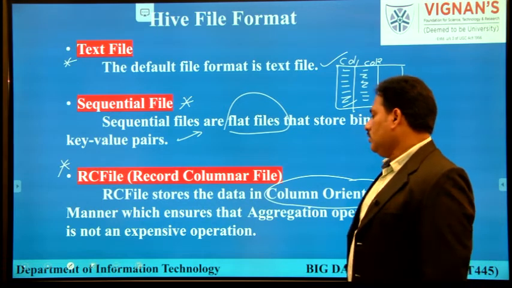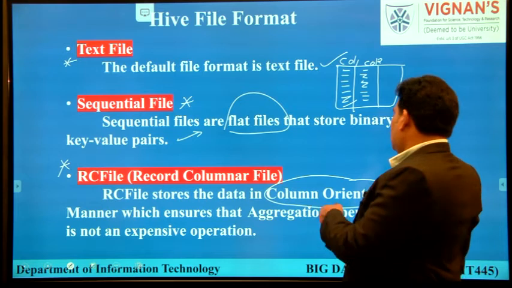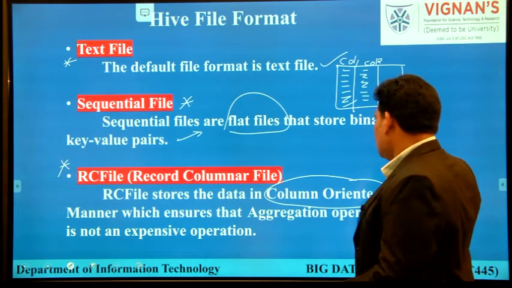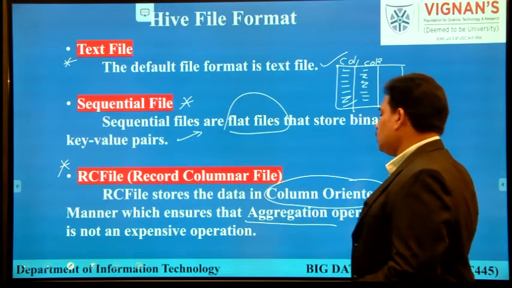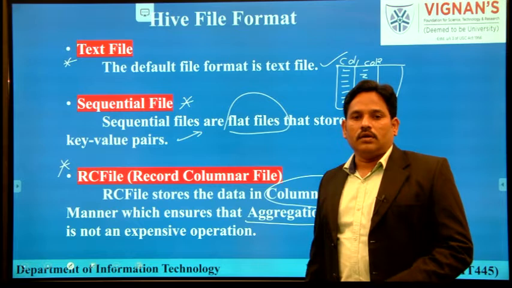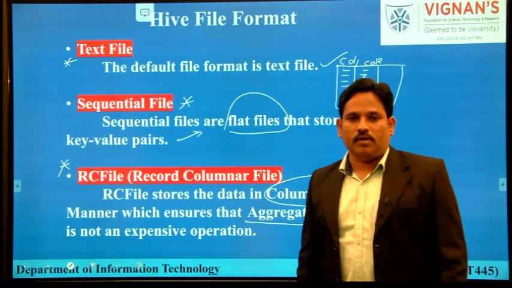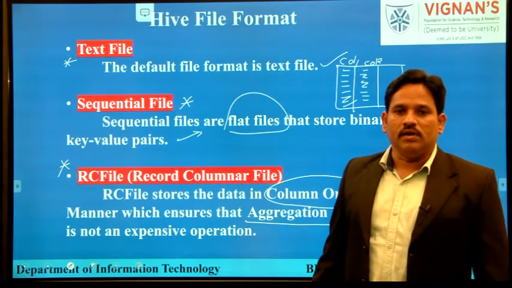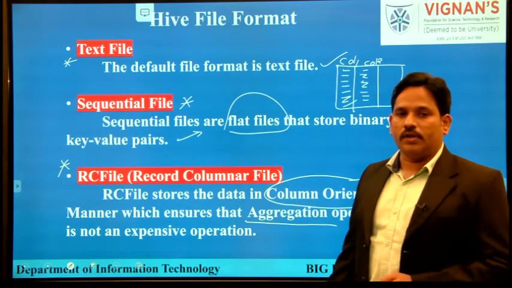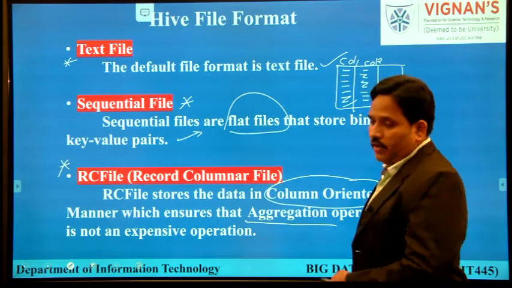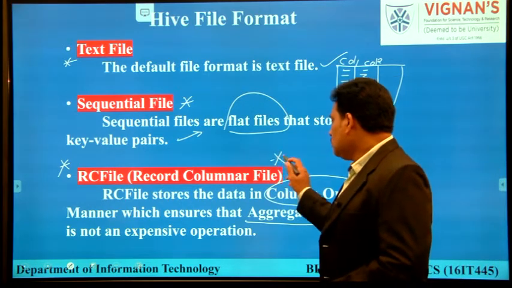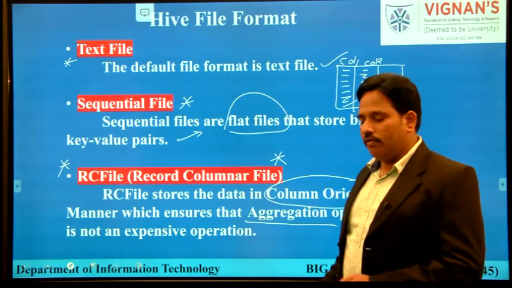This record columnar file ensures that we can perform aggregation operations on data, like sum, maximum, minimum, average, mean. Whatever basic aggregation operations we want to perform, we can apply on any data or file stored in that file format.